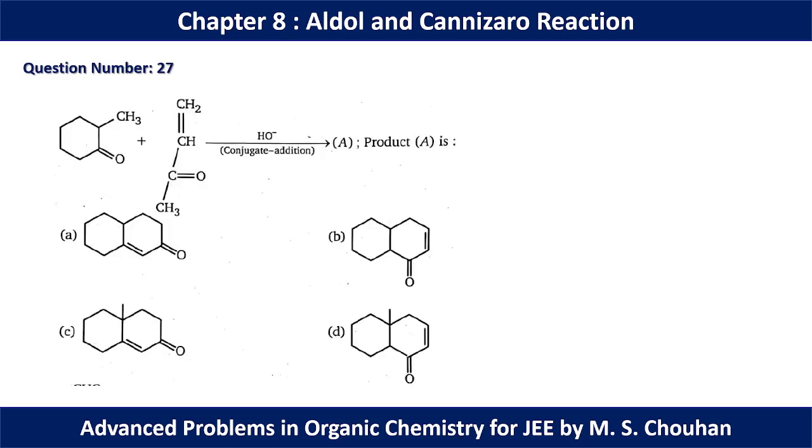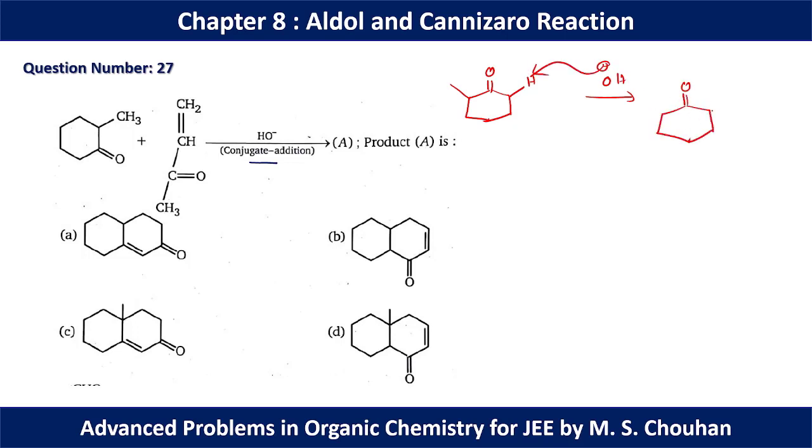In question number 27, we have 2 molecules along with OH minus. So we can start like this: C double bond O. This hydrogen will be the acidic hydrogen, which is going to be abstracted by OH minus.